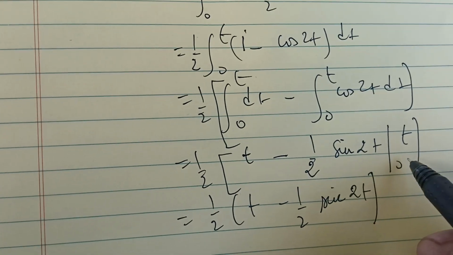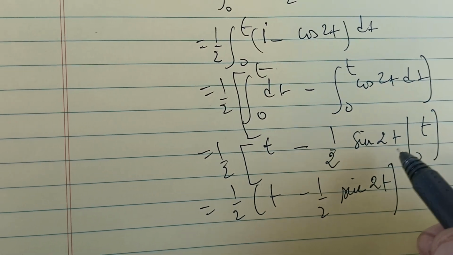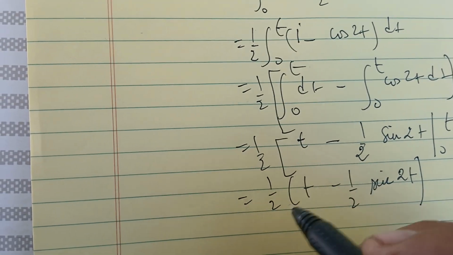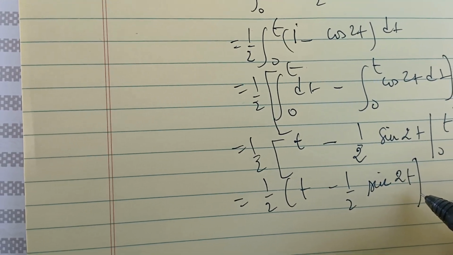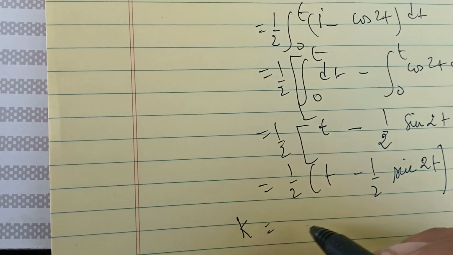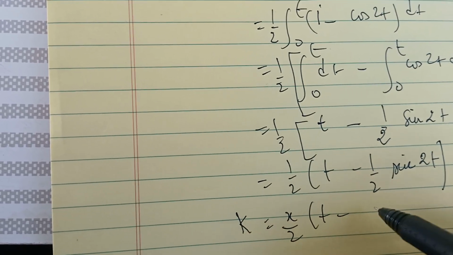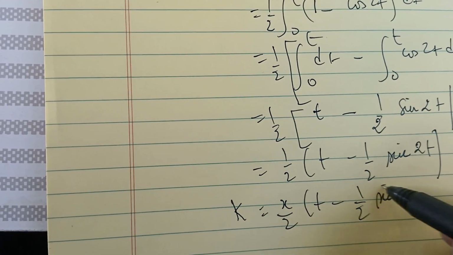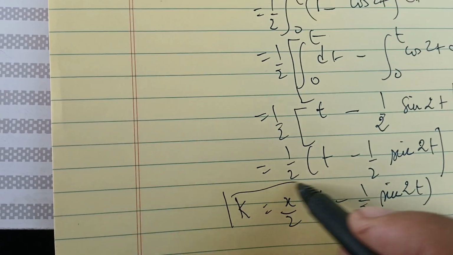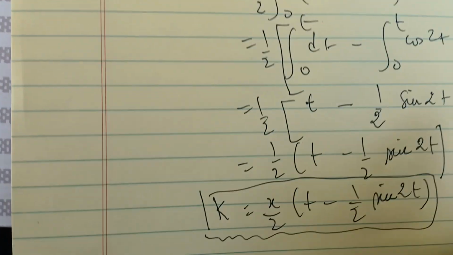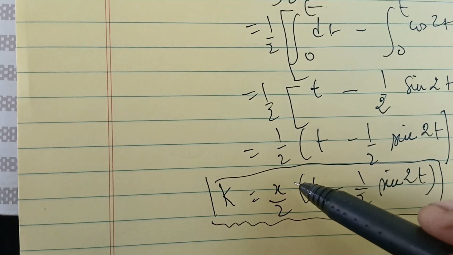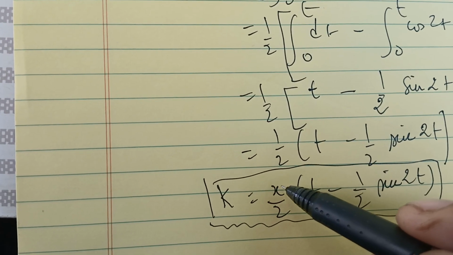Okay, and the sine of 0 is 0. And therefore, for my integral k, I need to multiply by x. Therefore, k is going to be x over 2 times (t minus 1/2 sine 2t). Okay, it's a function that depends on two values, x and t.